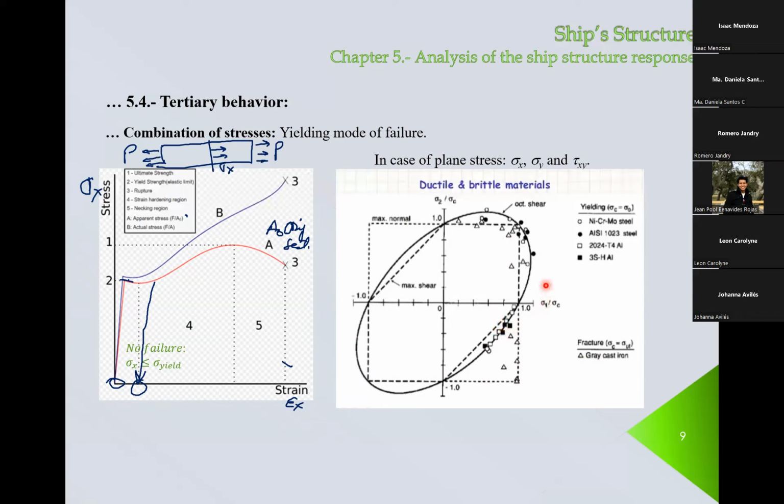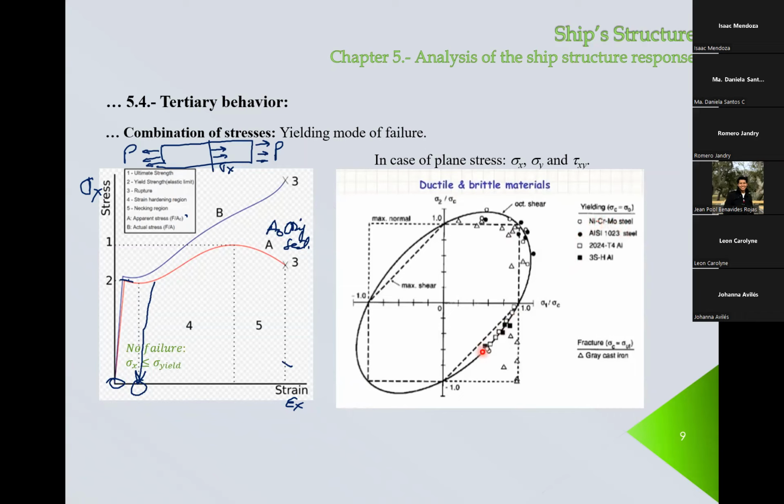Now, if we see this point here, what means failure, and these are for ductile materials. You see that, for example, you have steel, aluminum, another steel, different steels. So these are more ductile materials.